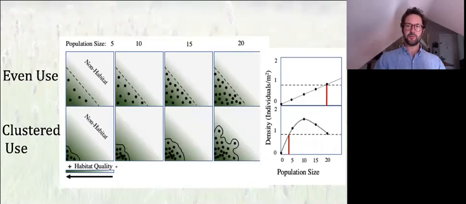This has the potential to influence the minimum population size that will allow a disease to persist. The top set of panels shows a species that uses available habitat evenly, while the bottom shows a species that clusters in high quality habitat. Notice how these different spatial distributions change the population size required to maintain pathogen persistence, shown by the red line.